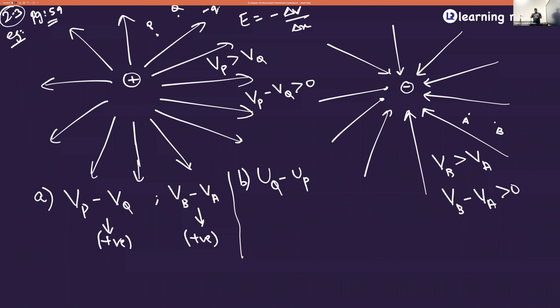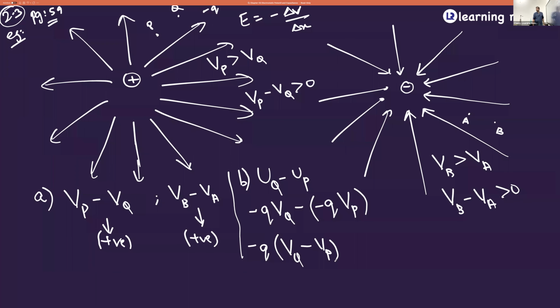So what is going to be the value of UQ? It is going to be minus q times VQ, because potential energy is charge multiplied with the potential. Minus, what is the value of UP? Minus q into VP, right? If I take the minus q outside, then I'll get VQ minus VP, because the minus sign is taken outside.